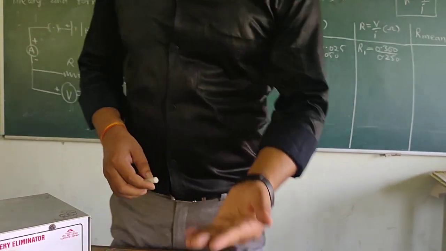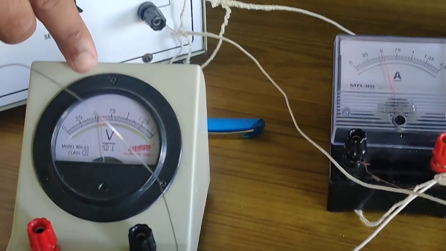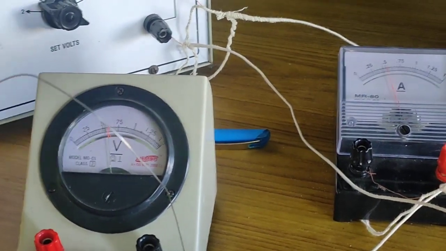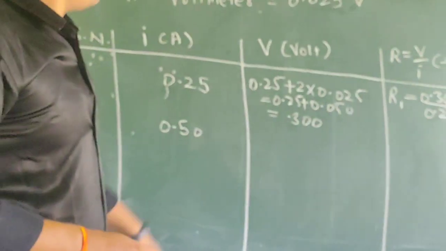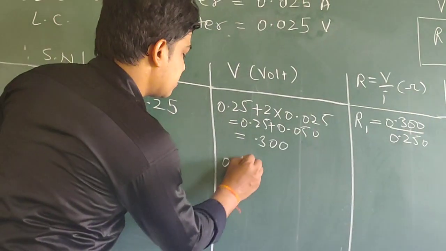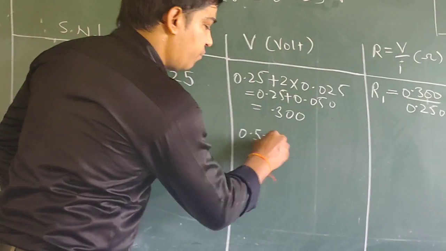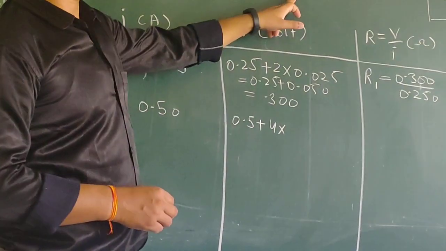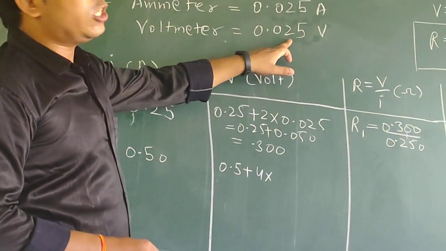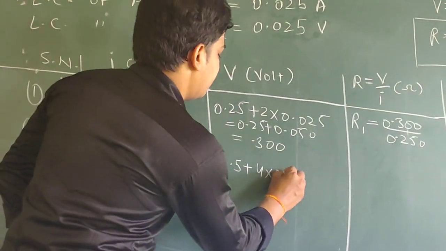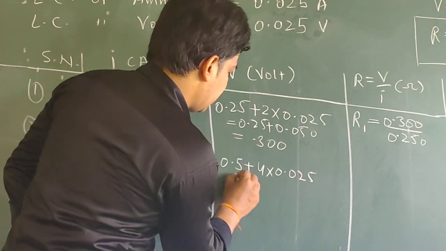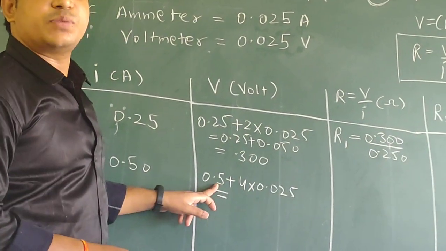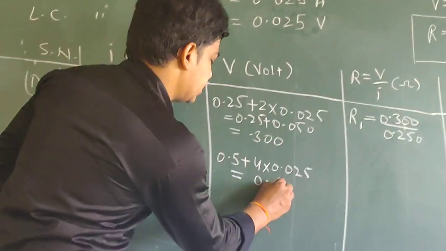Now see, corresponding to this ammeter reading, the value of the voltmeter, see 0.5 is completed and after that 4 divisions. Okay, so 0.5 is completed and the value of 4 divisions is 4 times the least count of the voltmeter, which is 0.025. So 0.025 multiplied by 4 becomes 0.1, and 0.1 plus 0.5 is simply 0.6.